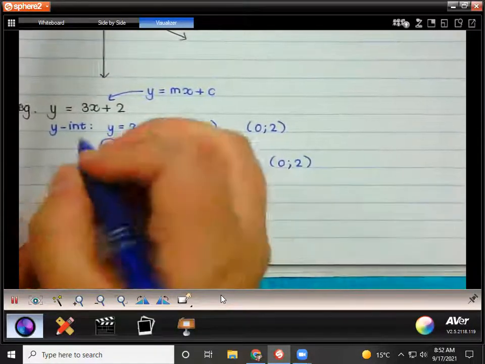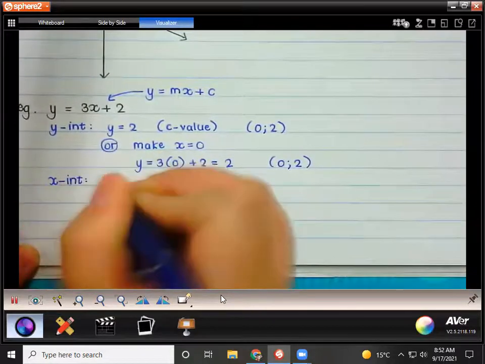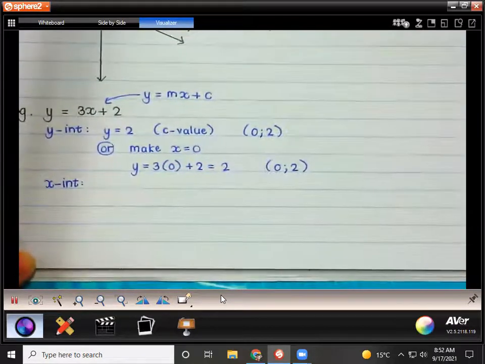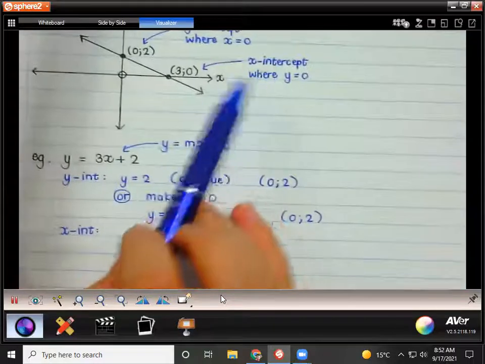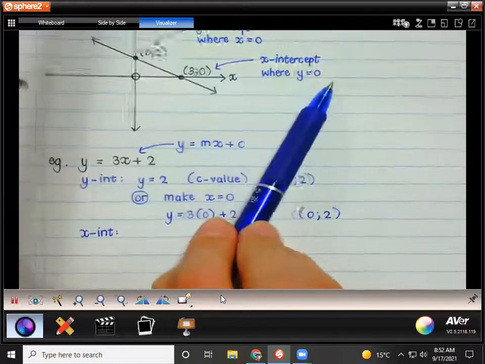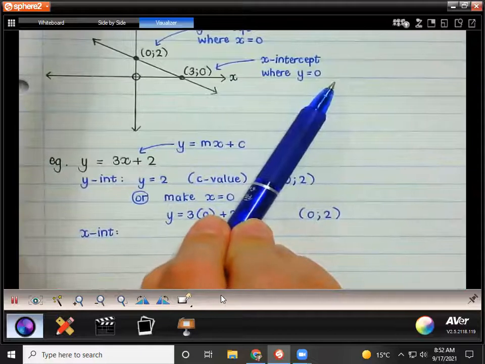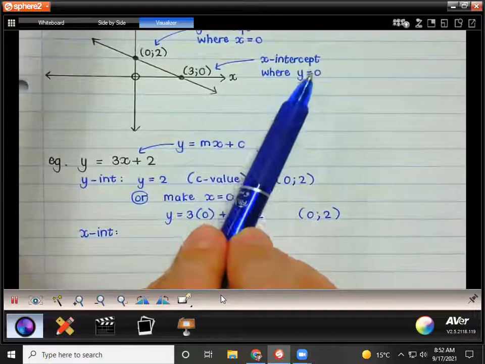For the x-intercept, we're going to go the other way around. What did we say up here on the picture? The x-intercept is the point where y is always 0. So to get the x-intercept in our equation, we're going to make y equal to 0.